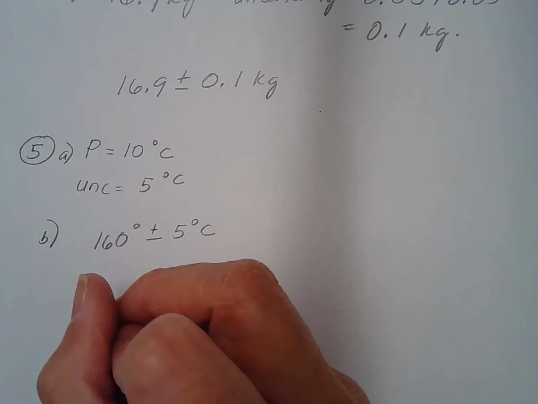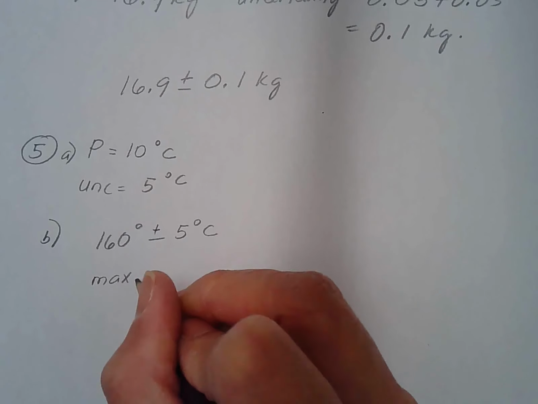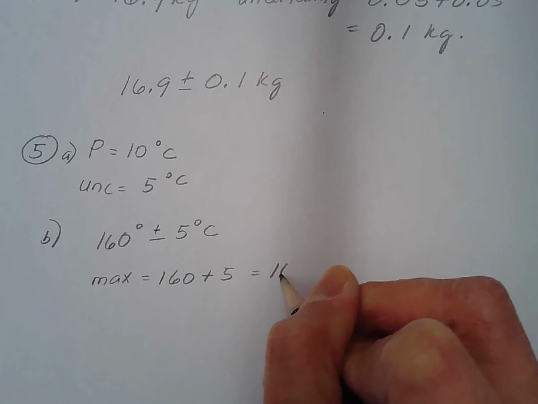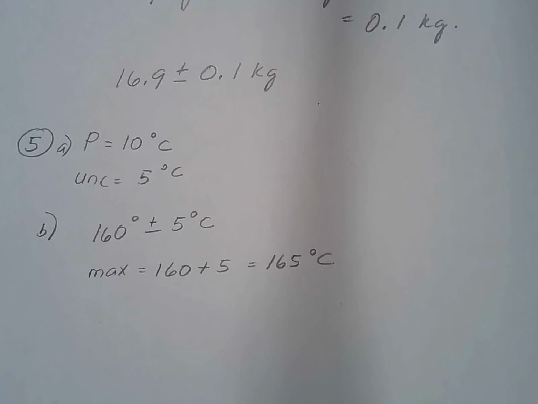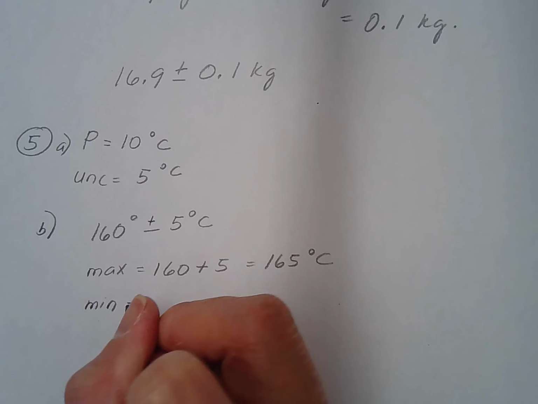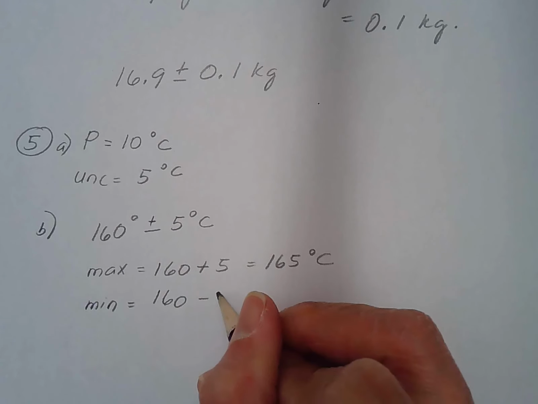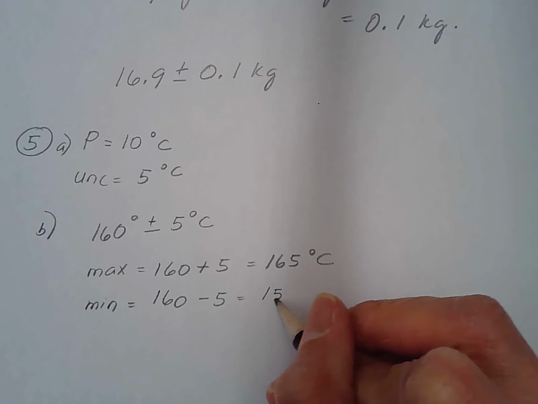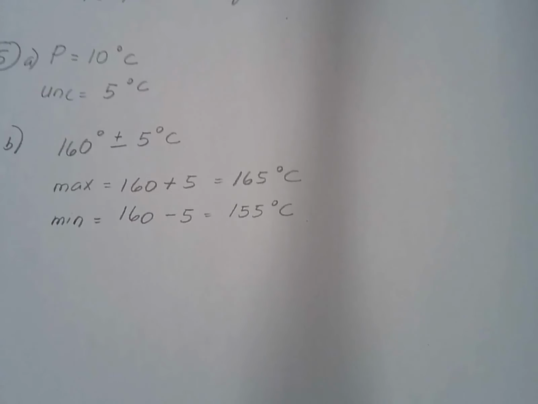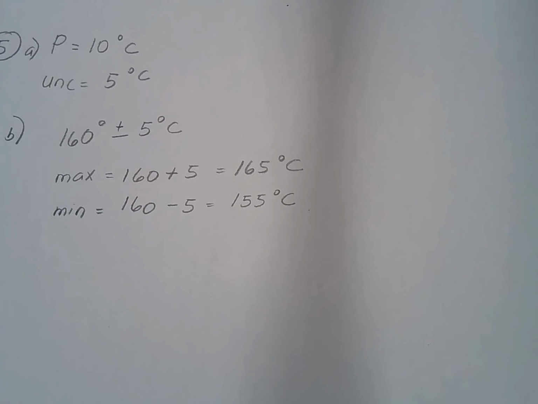So maximum is 160 plus 5, which is 165 degrees Celsius. And then the minimum would be 160 minus 5, which is 155 degrees Celsius. Just because it says 160, it may be a little bit over or a little bit below, depending on the precision and the uncertainty of the device.